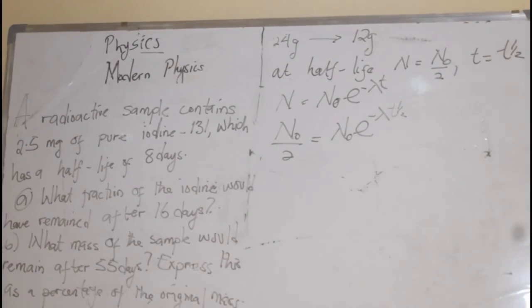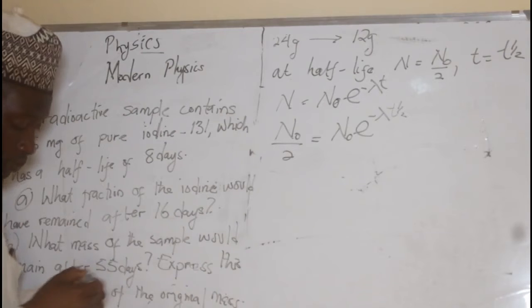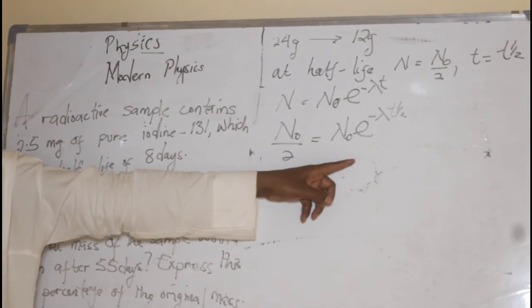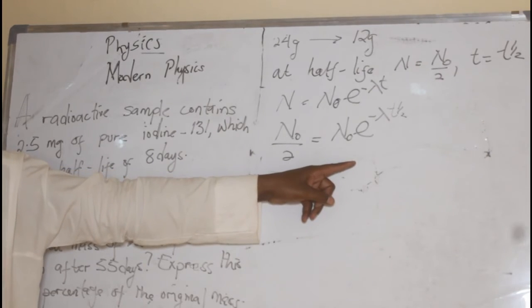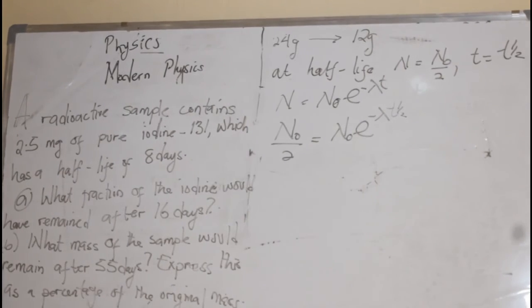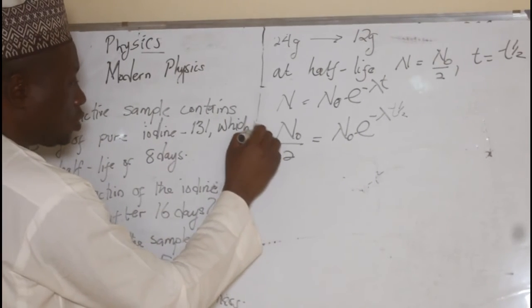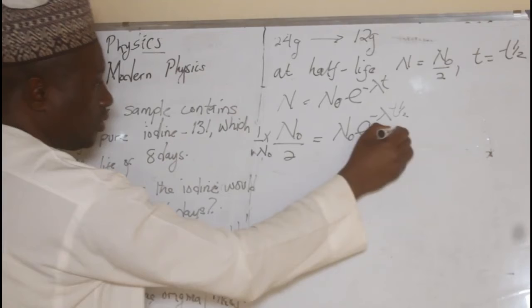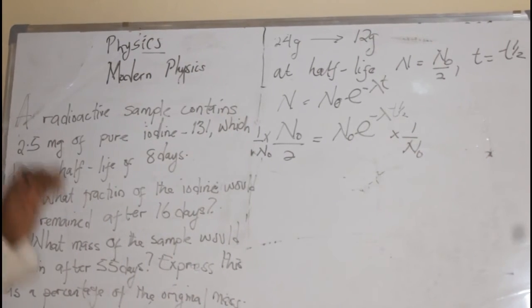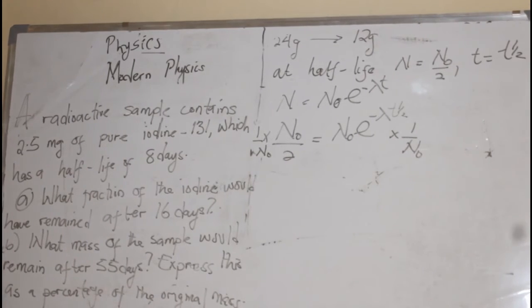Can I divide throughout by N naught? Suppose I multiply this by 1 over N naught. Did I do anything wrong? Is it mathematically correct? Yes.